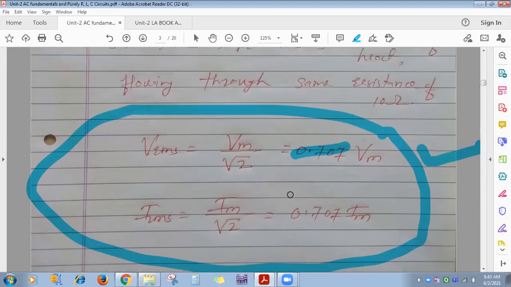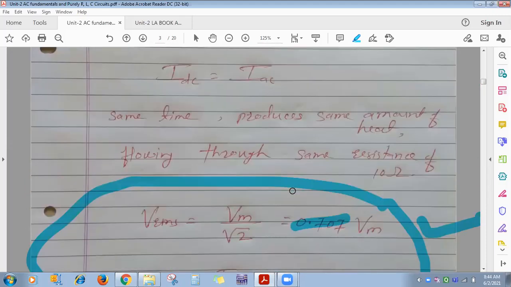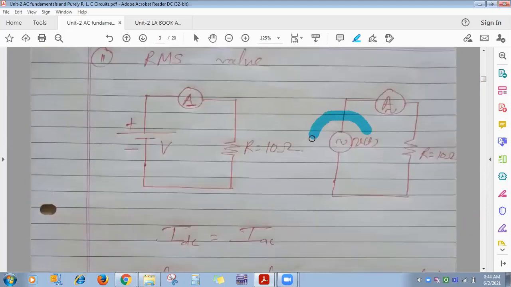Now suppose it's a series RLC circuit, and across it you connect a single phase AC voltage source, meaning any AC circuit. An AC circuit means the source used is a single phase AC voltage, and it is denoted by a symbol like this. See, this is the symbol for single phase AC voltage.